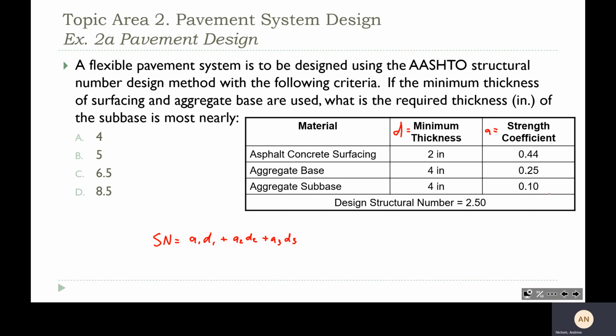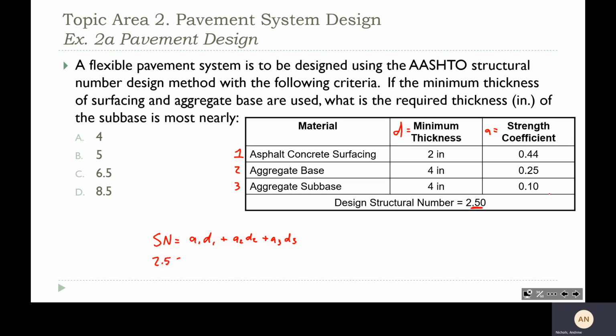So we're told if we use the minimum thickness of the surfacing, this would be layer 1, and the aggregate base, layer 2, then solve for the resulting thickness of layer 3. And we're given our design structural number in this table, which is a little confusing.